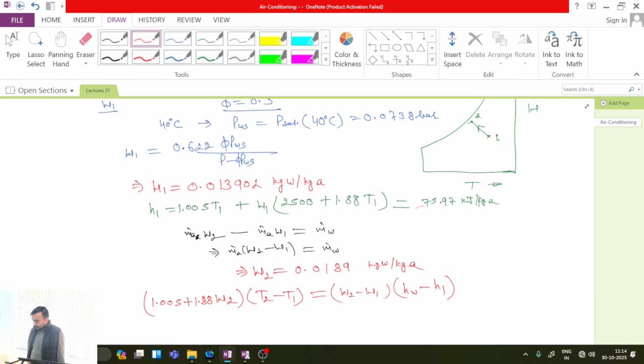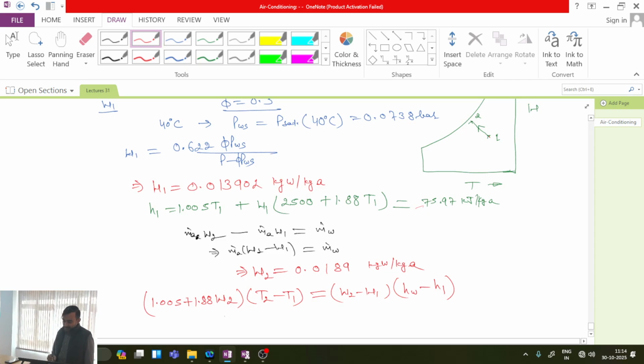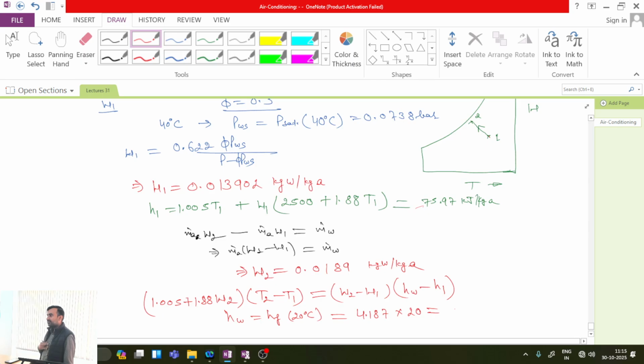What will be HW? HW will be HF at 20 degrees Celsius, which will be 4.187 into 20. It is in the liquid state. So if 0 is the reference state already for moist air properties, then 20 into 4.187, how much is it coming? Please tell me.